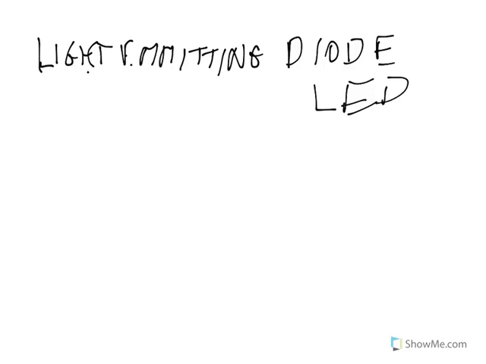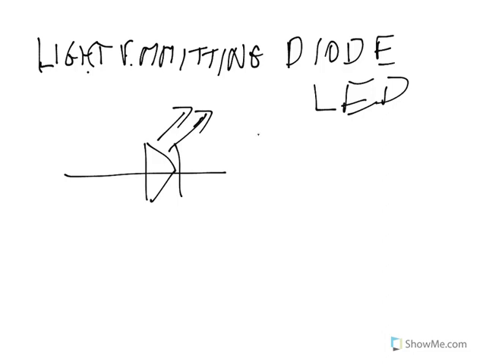They emit light. So they're just a kind of diode that emits light, and so it's got these arrows, and they're very, very common these days in everything, lots and lots of stuff.